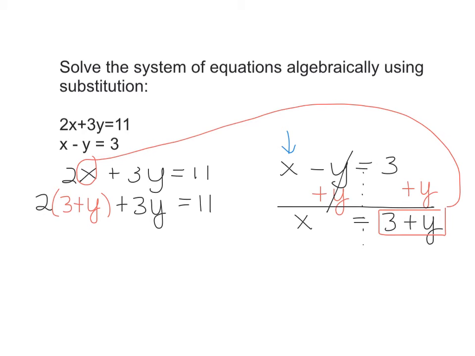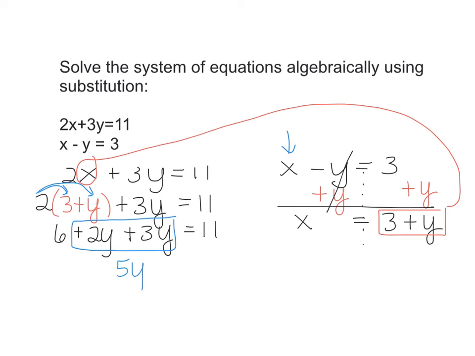We'll start by distributing the 2 into the 3 and then to the y, and that will give us 6 plus 2y, plus the 3y equals 11 that's already there. Then we notice that we have like terms on the left-hand side. We have a 2y and a 3y, and they're going to go together to make a 5y. So the 6 plus 5y equals 11 is what's remaining.